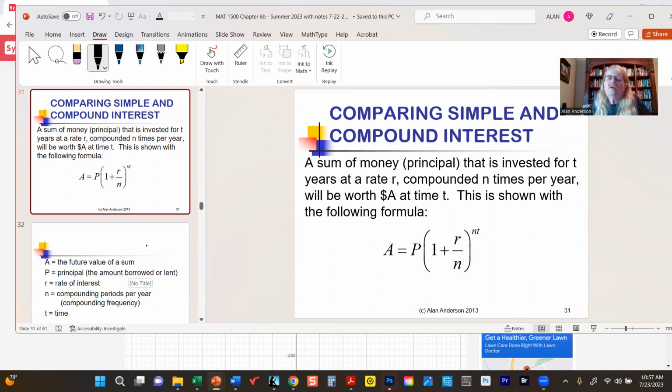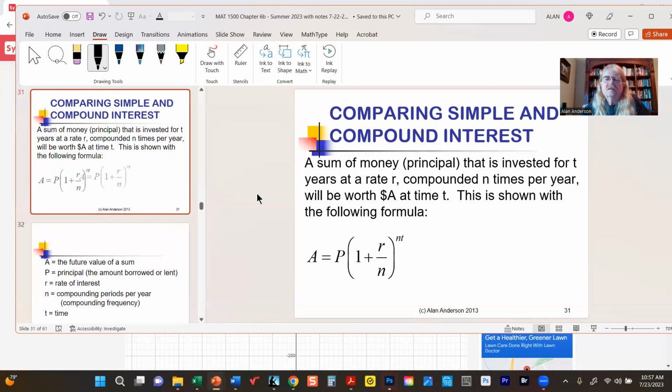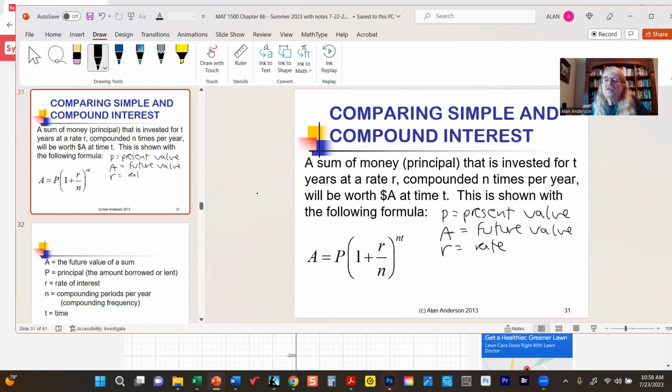So the way this thing works is that P is the present value. That's how much you started out with. A is the future value. R is the rate of interest, which would be expressed on an annual basis, so much per year. N is interesting. This is the number of what we're going to call compounding periods per year.